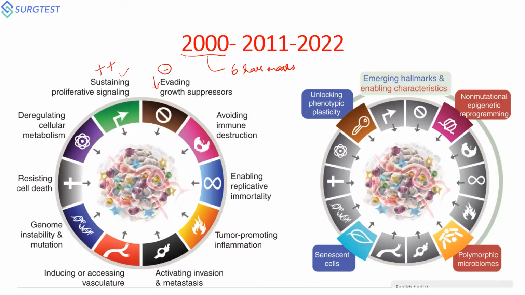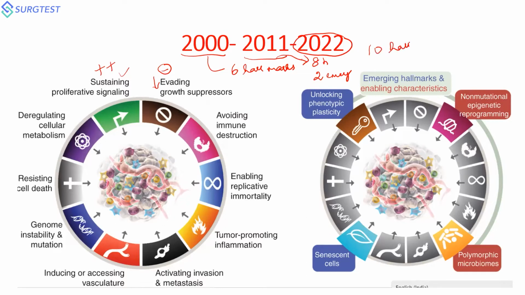These two were the important hallmarks proposed in 2000, along with 4 other hallmarks which have been described in the diagram. Later on, in the year 2011, this was expanded and it was made 8 hallmarks for malignancy, and there were 2 emerging hallmarks of cancer. These are not important for any other purpose apart from the 2022 version, which came last year, August, which concluded that there are almost 10 hallmarks of cancer.